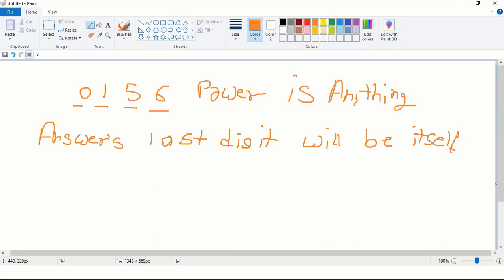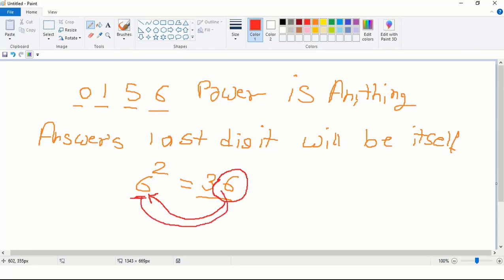For example, 6 power 2, answer will be 36. The last digit of this answer is 6, which depends on this 6, nothing but the last digit of the answer will be itself. So this 6 is here. Okay, this is case 1.